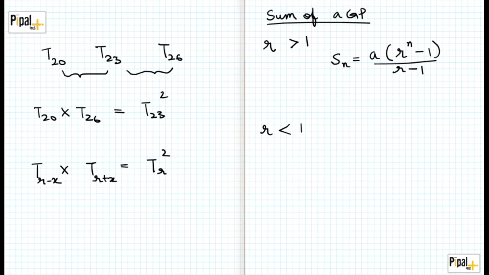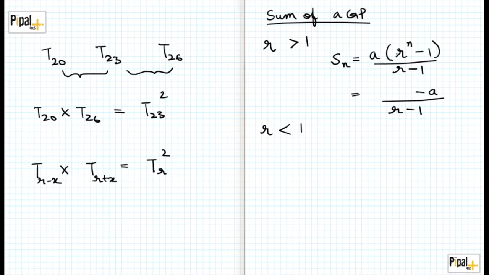So this is the sum of n terms of a geometric progression whose first term is A and whose common ratio is R. Now sometimes we may also have access to the last term in the GP. So we can extend this to Sn equals A into R to the power n minus A in the numerator, and R minus 1 in the denominator.